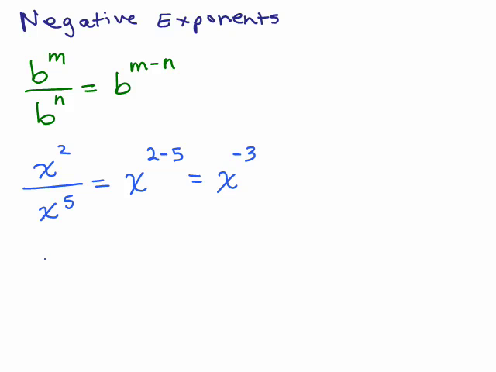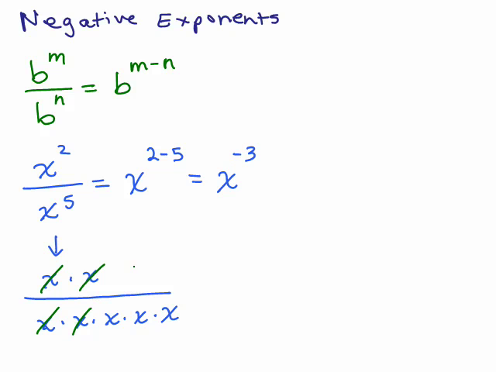Now, let's do this another way. X squared over x to the fifth also could be thought of as x times x over x times x times x times x times x, which we can cancel out two x's in the numerator and denominator, leaving a 1 in the numerator, remember?